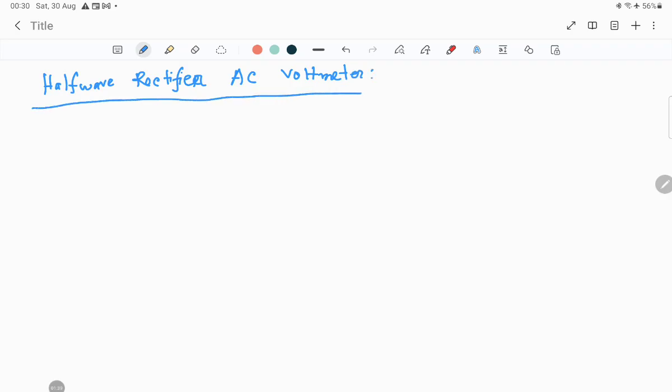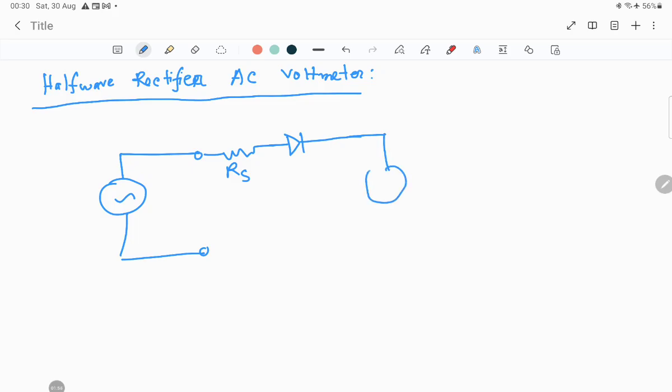If we try to see the circuit diagram of the half wave rectifier AC voltmeter, we have already seen that if this is the AC signal, then we have our Rs, then there is a diode, and we have our PMMC coil, that is Im.